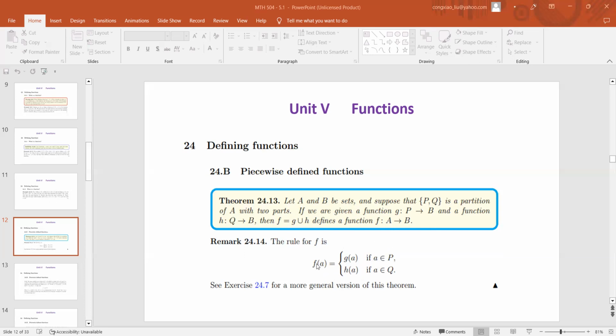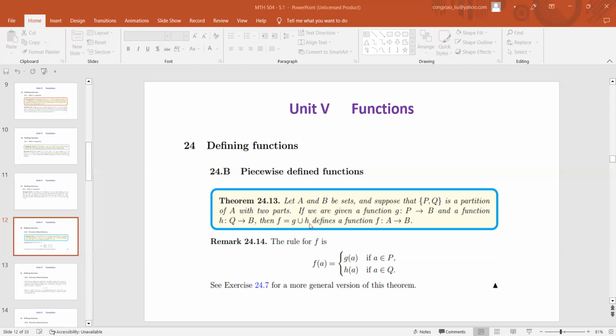In the normal way we see in pre-cal, the piecewise defined function is written like this: f of a is equal to g of a if a is in P, and is equal to h of a if a is in Q. First, f of a takes the value of g of a when a is in P, and when a is in the set Q, we take the value from the function h of a.